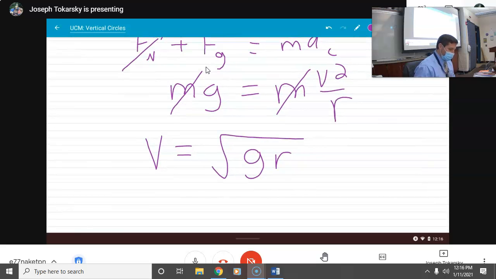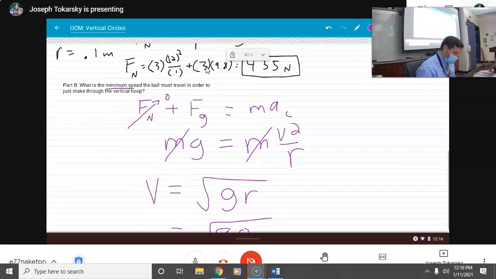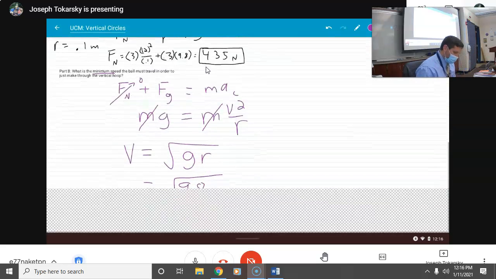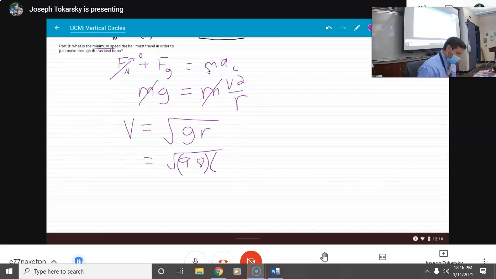So v equals the square root of g times r, that's the square root of 9.8 times the radius of this circle, which was 0.1 meters. I get just under 1, like 0.99 meters per second.